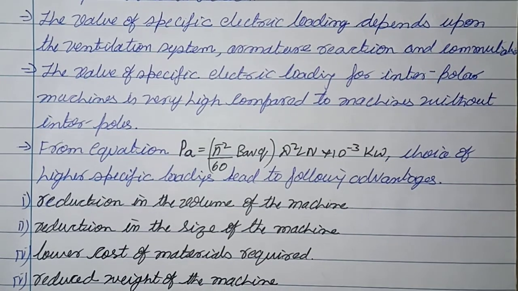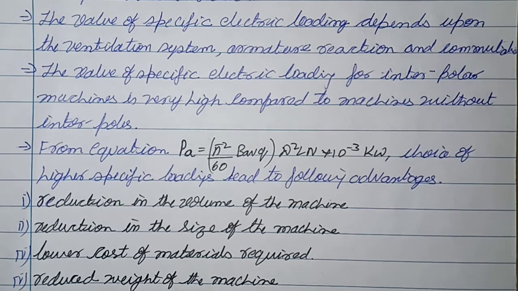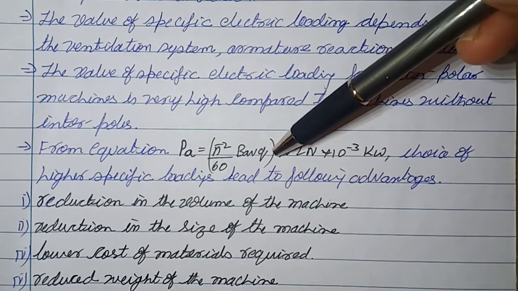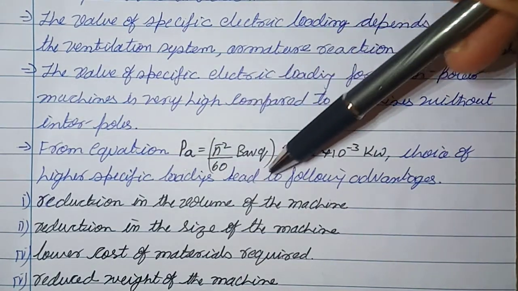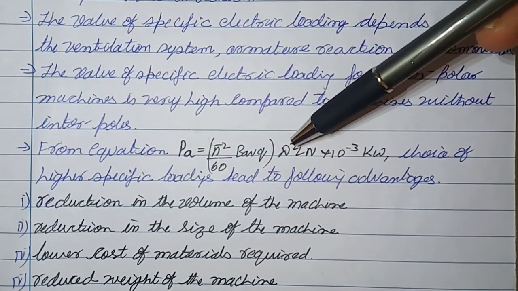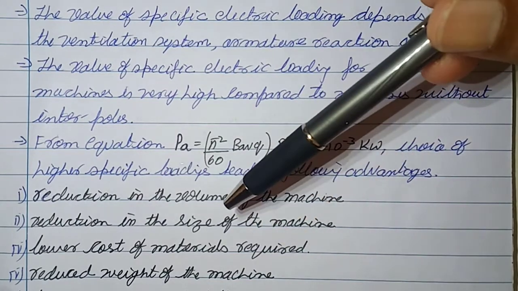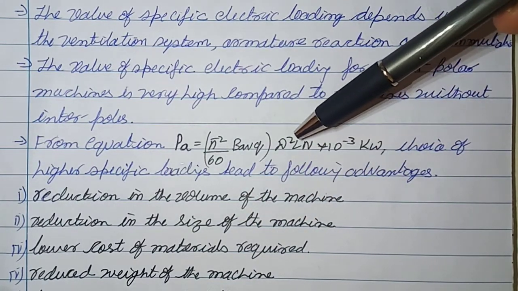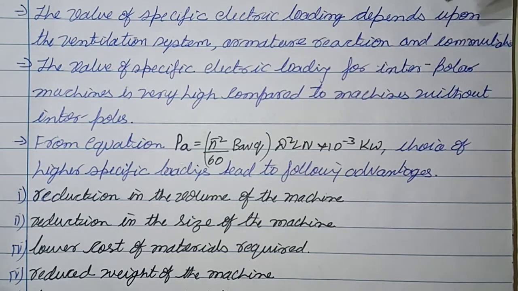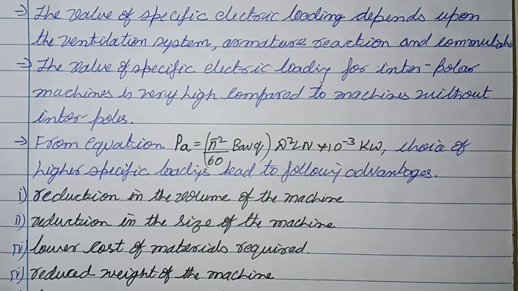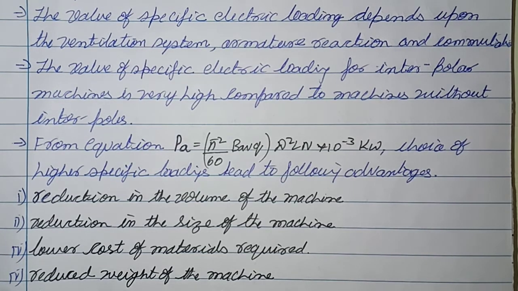They have the following advantages. Reduction in the volume of the machine: D square L N is constant, and if this is high, then I will have a lesser value for this. Reduction in the size of the armature, again because of these values. Lower cost of materials required: when the size is small and the volume is less, the materials required would be less, and the cost associated with them also will reduce.